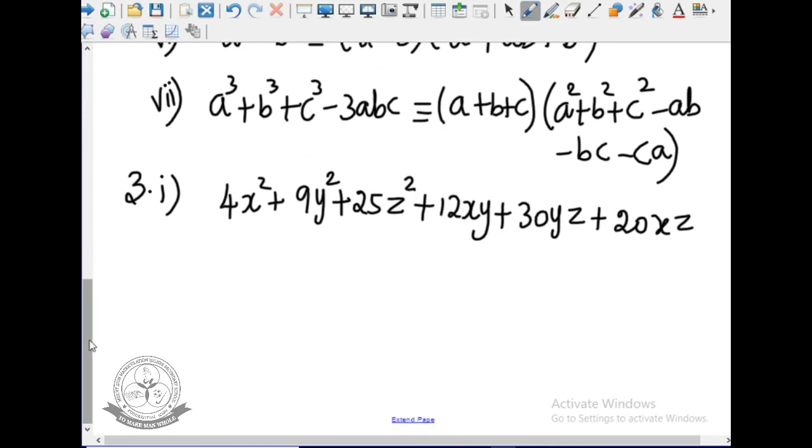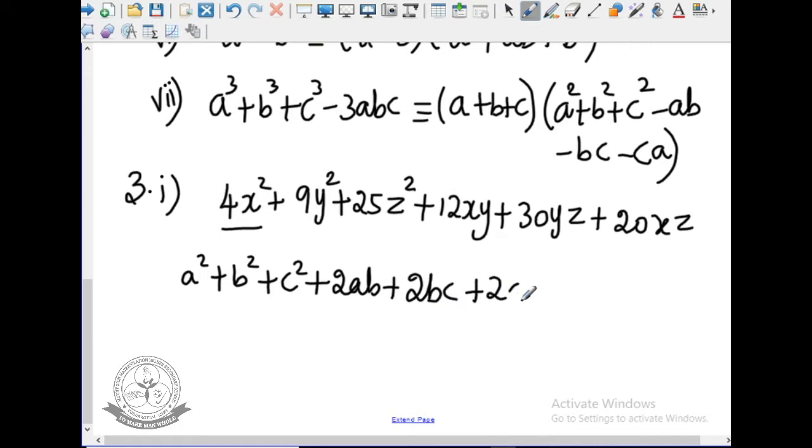So this is our a square. That means a plus b plus c is multiplied with again a plus b plus c.